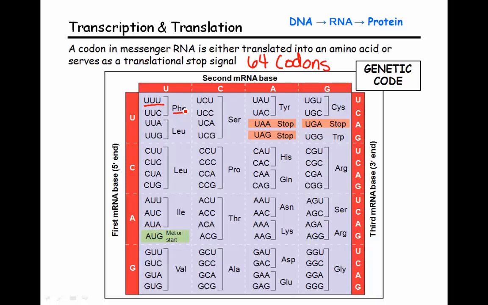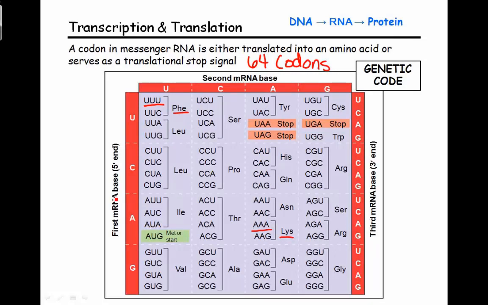If the cell sees AAA, then it knows specifically that that means lysine. It's a different amino acid, needs to be incorporated into the protein. So there are 61 of those that tell the cell specifically an amino acid to incorporate into the protein.